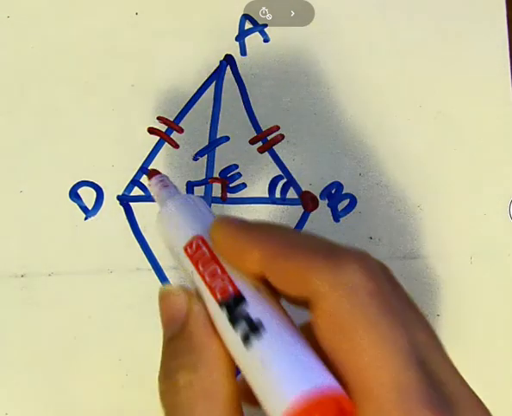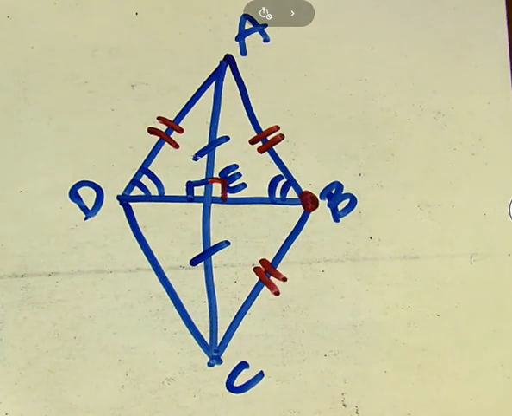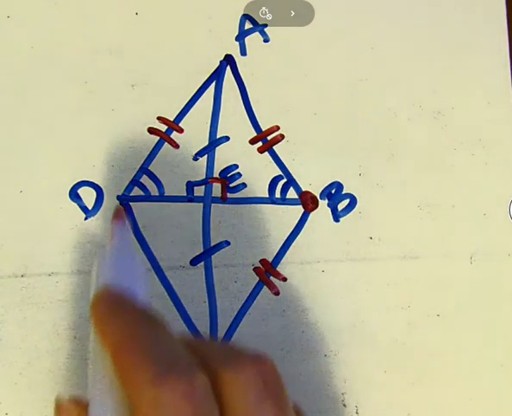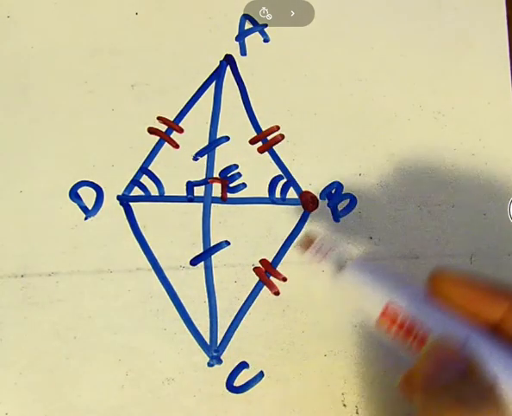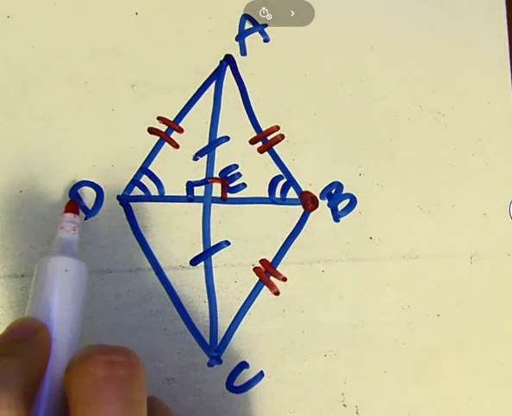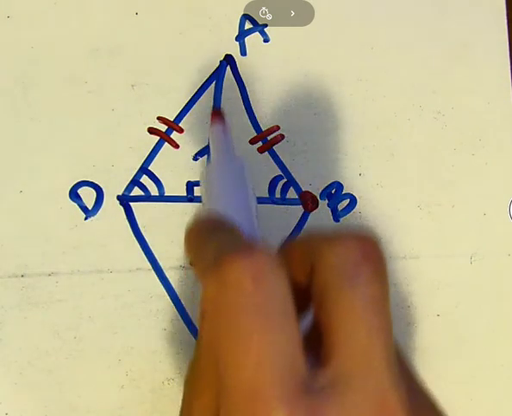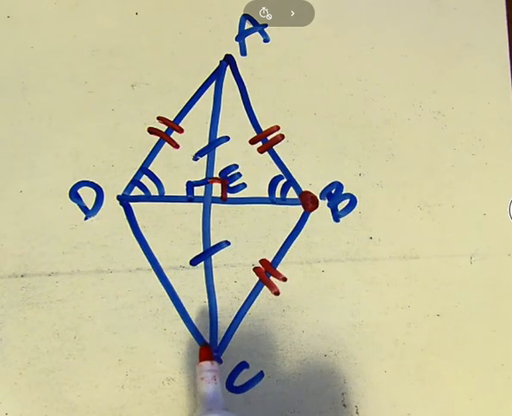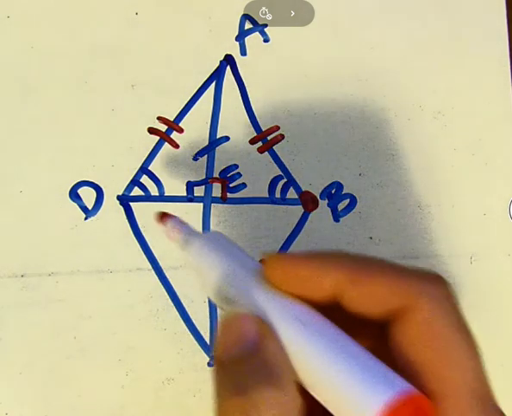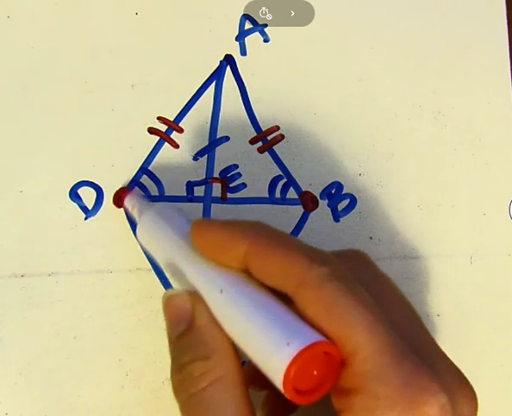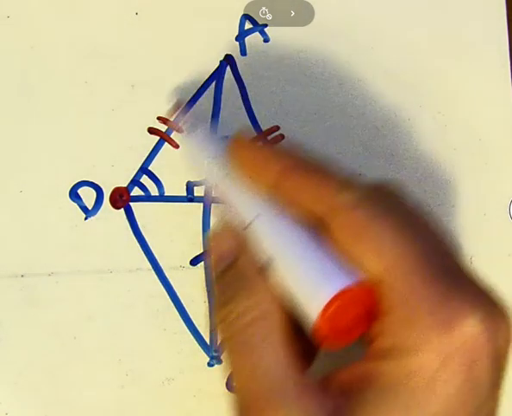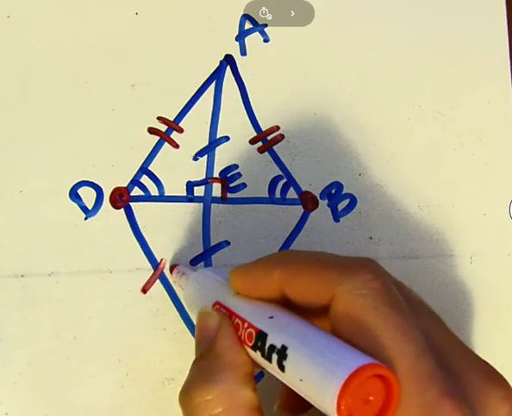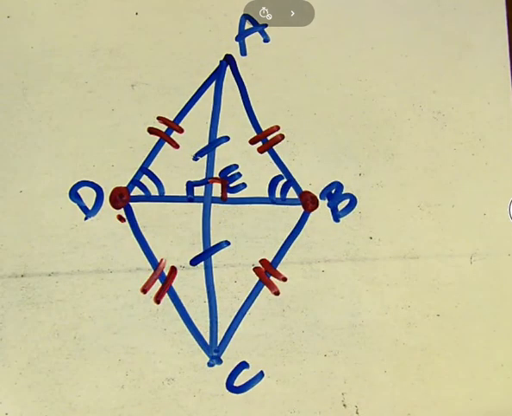Now that I have three sides congruent to one another, I can go back and use the same exact original method that I used to prove AB congruent to CB and say, well, D also falls on the perpendicular bisector of AC. And by the converse theorem of the perpendicular bisector, we can say point D must be equidistant to A and C, which makes AD congruent to CD as well.